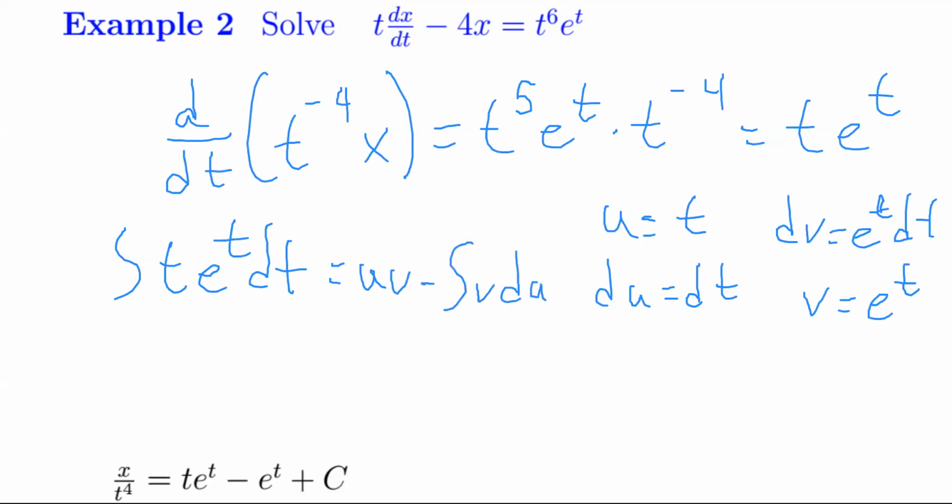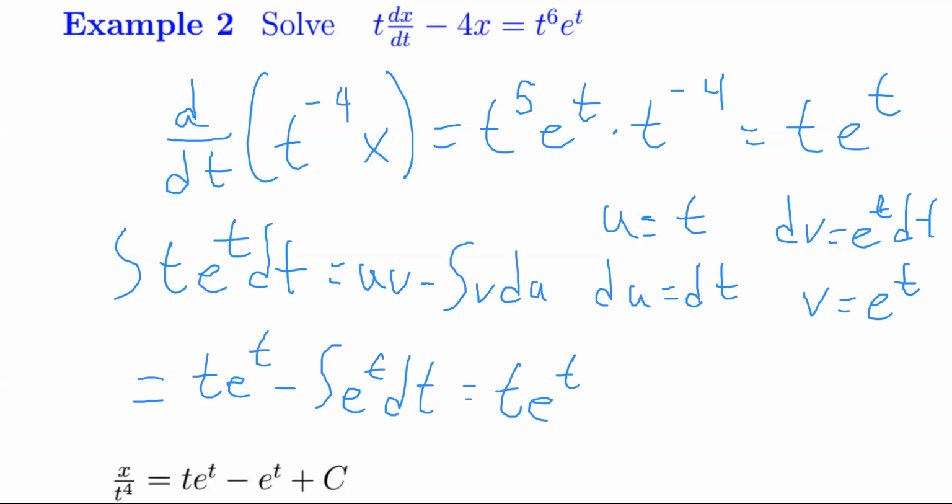All right, so this was equal to t e to the t minus the integral of e to the t dt, which is t e to the t minus e to the t plus some constant c.